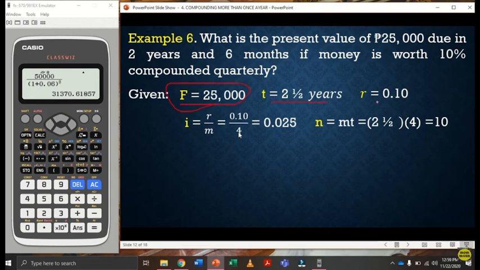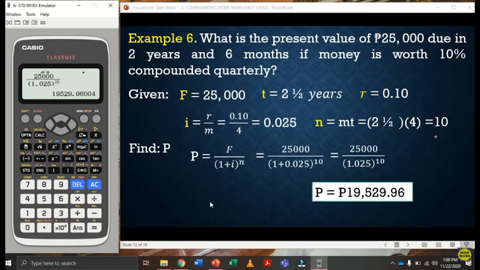Then the time 2 and a half years. Then the R 0.10. Kuhaon nimo ang I niya, 0.10 divided by 4 kay naka quarterly siya, so 0.025. Pag N, 2.5 times 4 is 10. 2 and a half times 4 is 10.